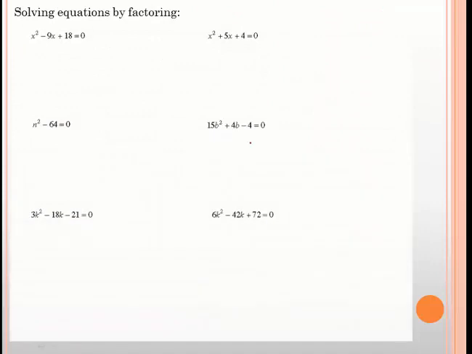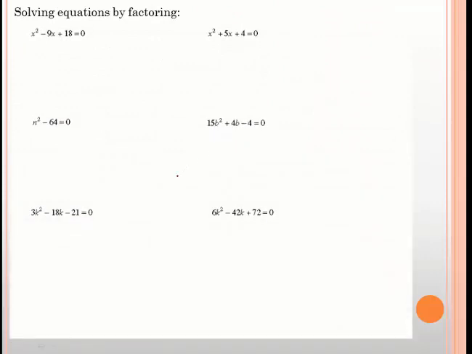We can solve equations by factoring. So we have all of our factoring that we've done: differences of squares, factoring with and without coefficients on the first term. I'm going to choose my big giant X method for this one.